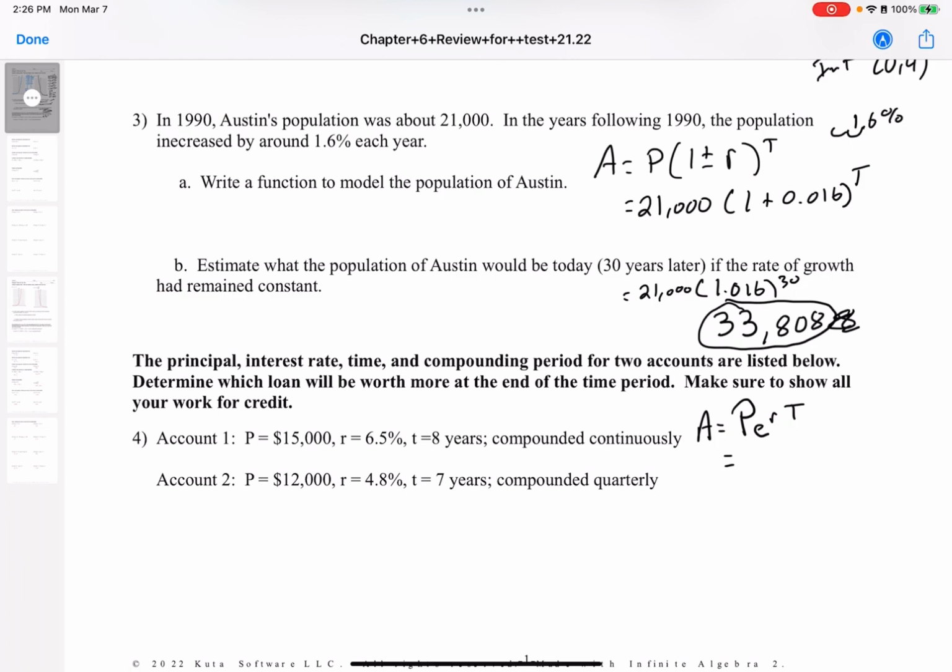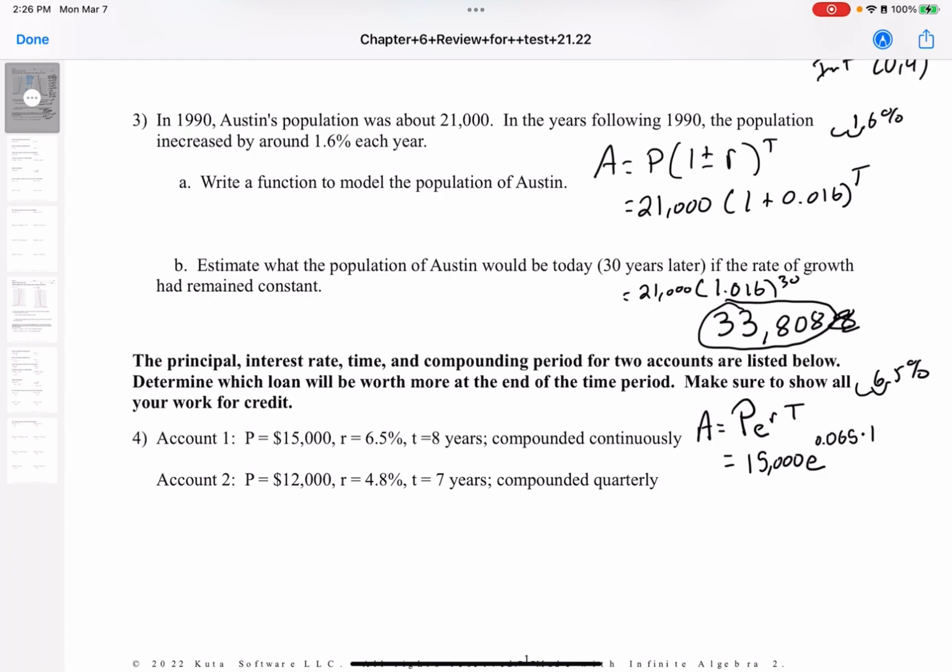So our principal amount for our first one is 15,000. Then we're going to go times e. Now again, our rate is 6.5%. We need to move it 2 places, so that's 0.065. Our t is 8 years. So times 8.